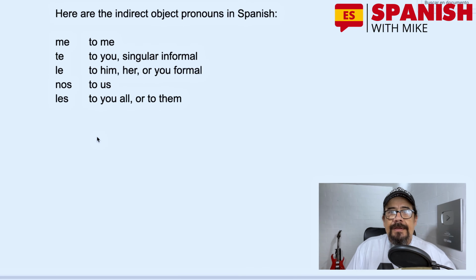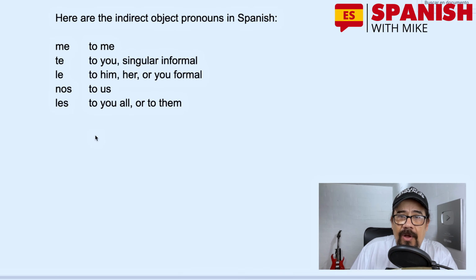This is important to understand because they are kind of like the direct object pronouns in Spanish, but there are subtle differences.